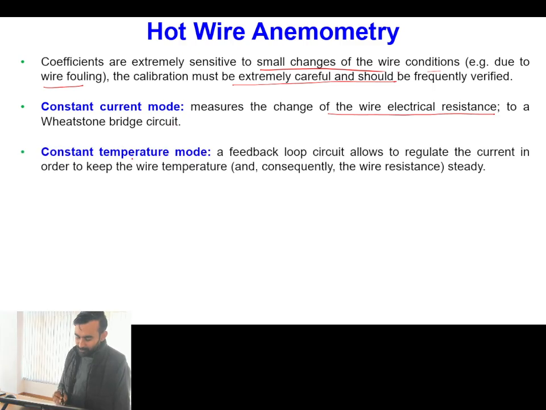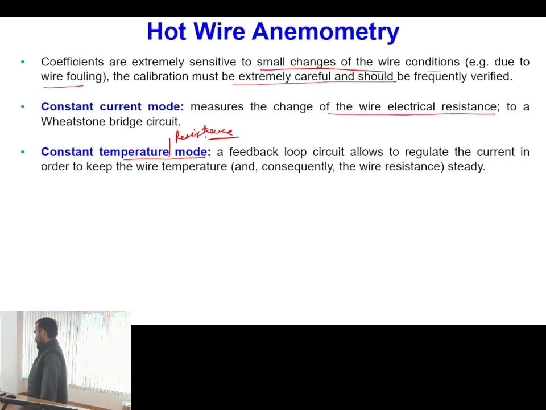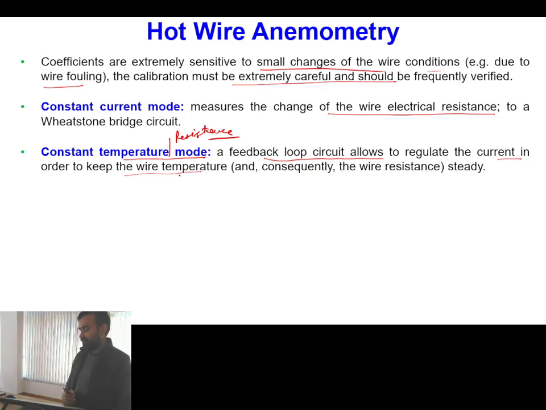It can also operate in constant temperature mode, also called constant resistance, because if temperature is constant, then of course resistance will also remain constant.